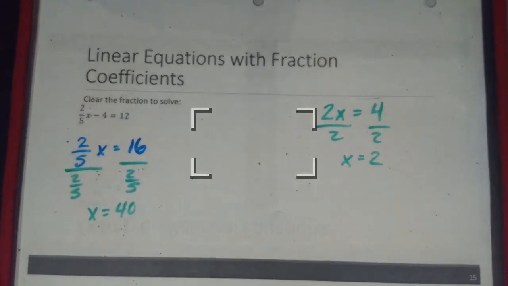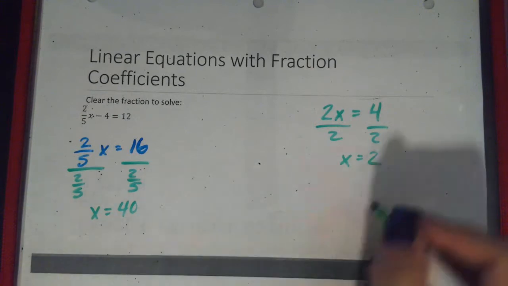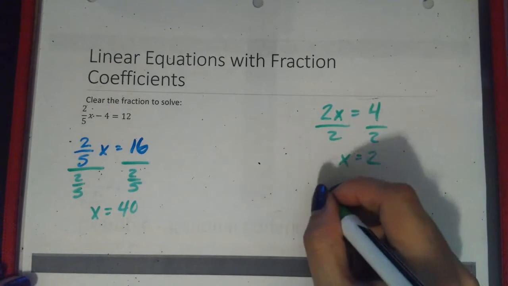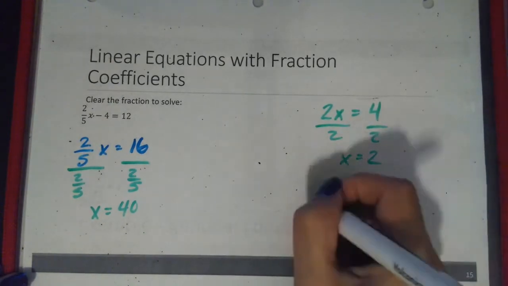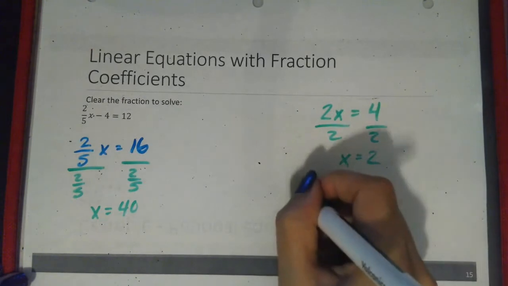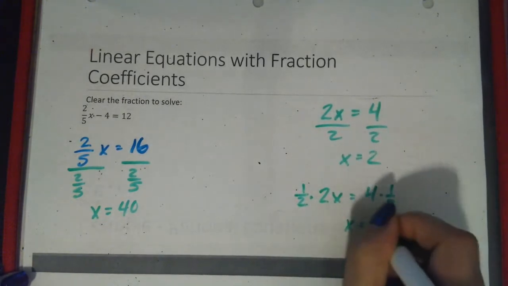But another thing we know is that dividing by a fraction is the same as multiplying by the reciprocal. So looking back at this 2x equals 4 example, instead of dividing by 2, I can multiply both sides by the reciprocal of 2, which is 1/2. And that'll give me x is equal to 2.